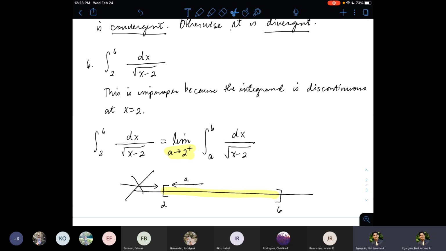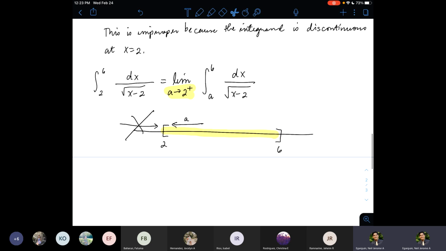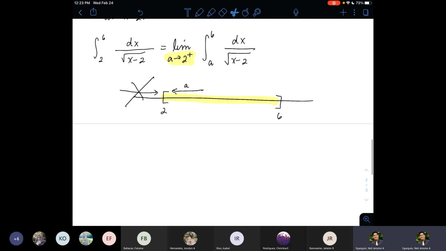Okay, let me just leave that note there so that if you see the picture, you will be reminded how to determine if you are going from the left or going from the right. And then now we need to perform the integral here. But for that, I will let u be equal to root of x minus 2. Oh, sorry, not root of x minus 2, because that will require a du that has a square root, which I don't want to happen.